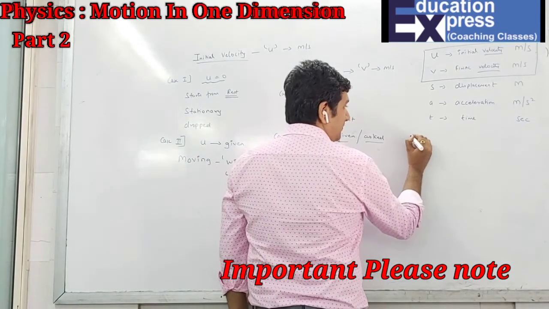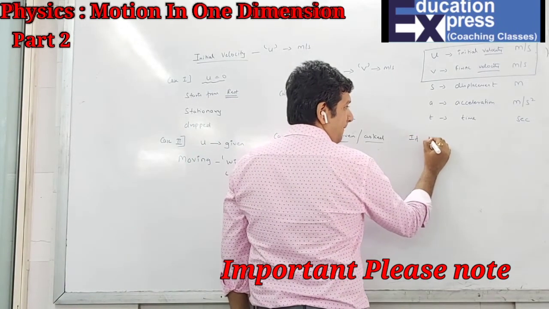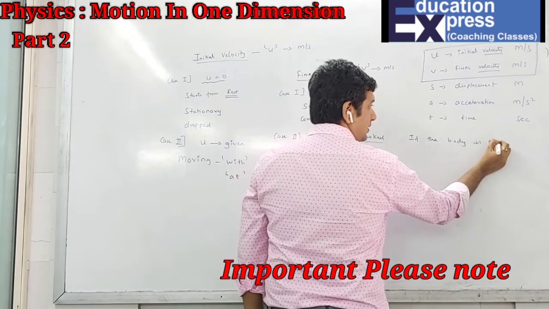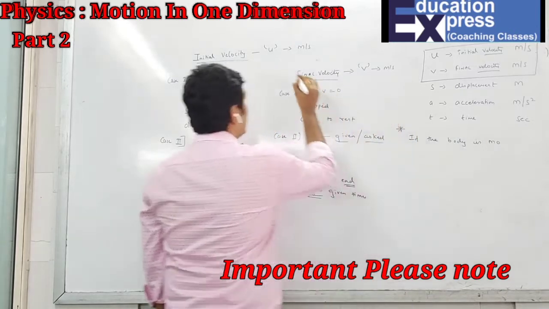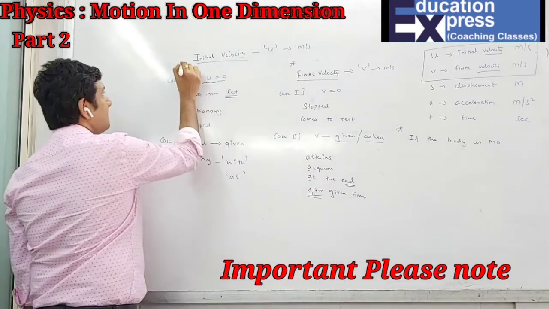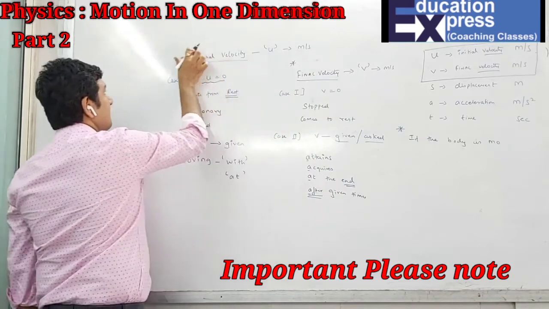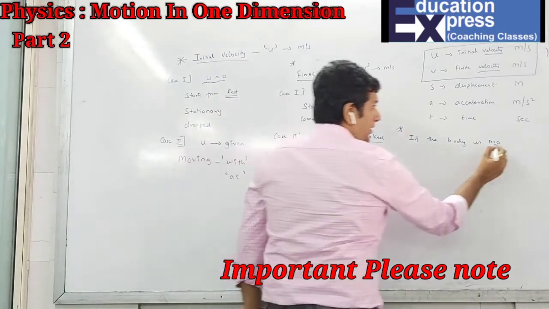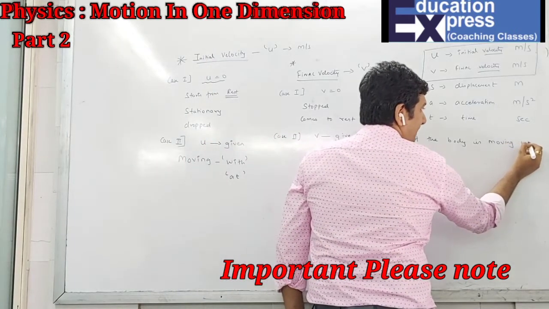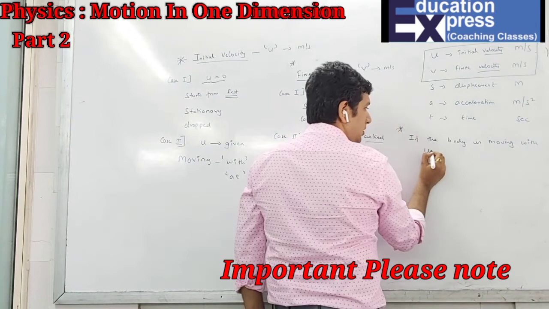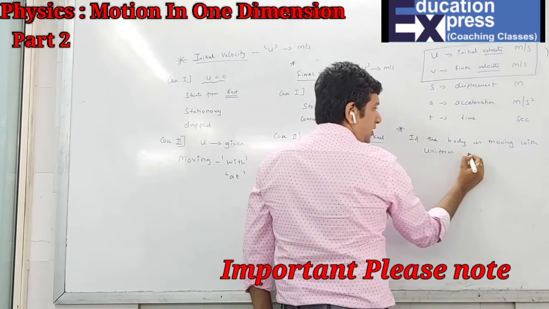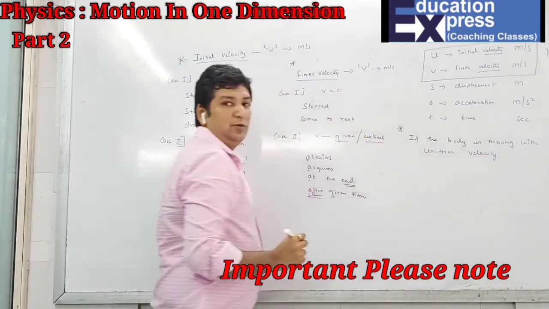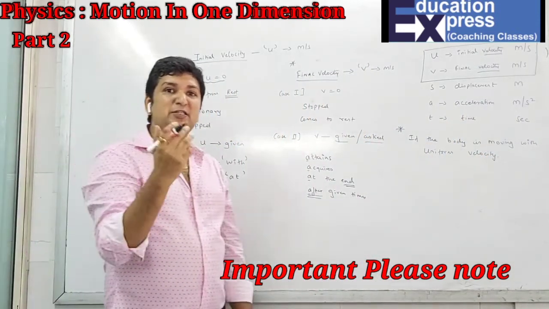And the third point: if the body is moving with uniform velocity, it means that the body is not changing its velocity.